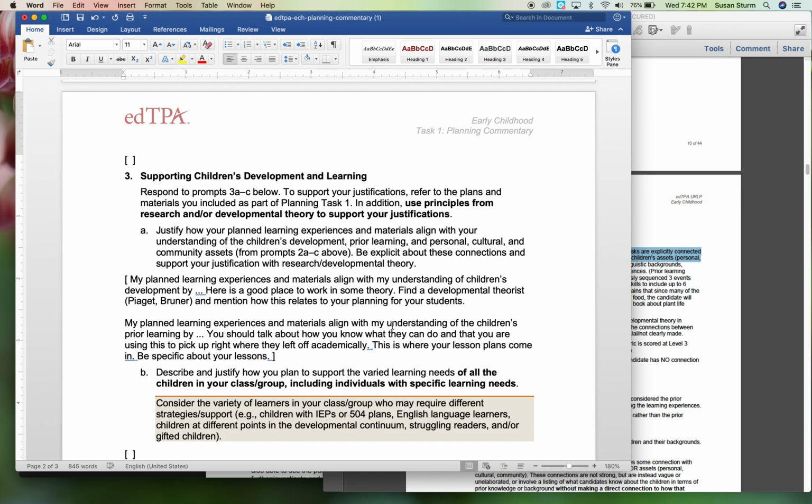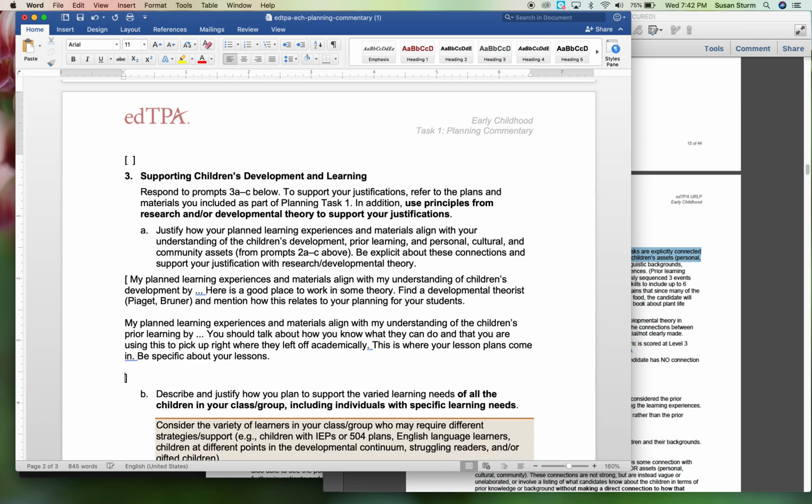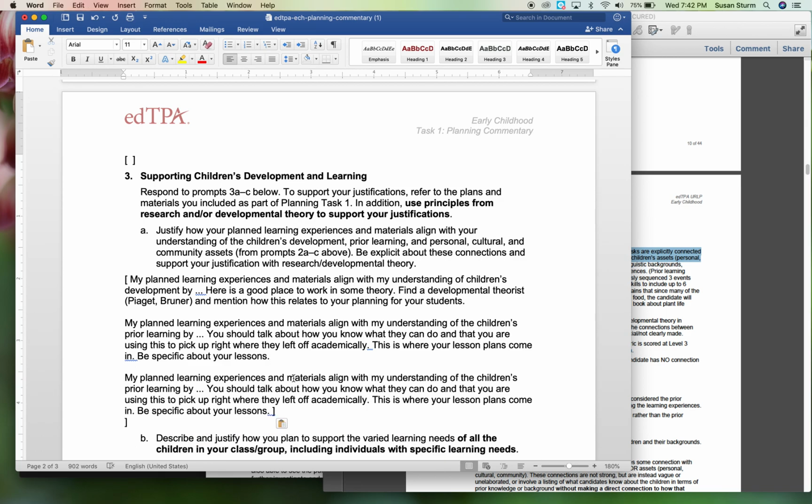So you've got children's development here. You've got prior learning here. And then you've got one more thing you need to do. My planned learning experiences and materials align with my understanding of the children's personal, cultural, and community assets by.